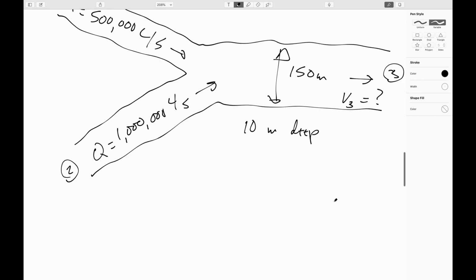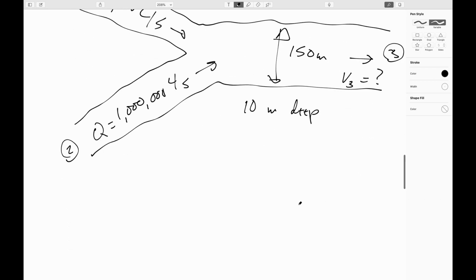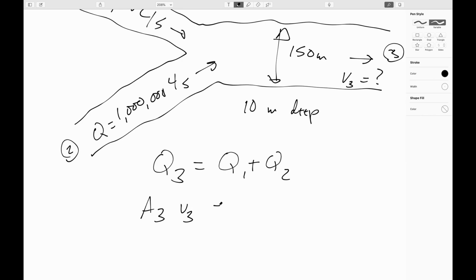All right, so following that through, we can say Q3, that's the outbound flow, has to equal the sum of the inbound flows, Q1 and Q2. Q3 is also equal to A3V3. So this would be equal to Q1 plus Q2. So V3 is Q1 plus Q2 over A3.